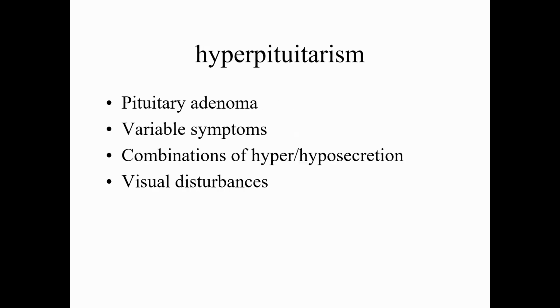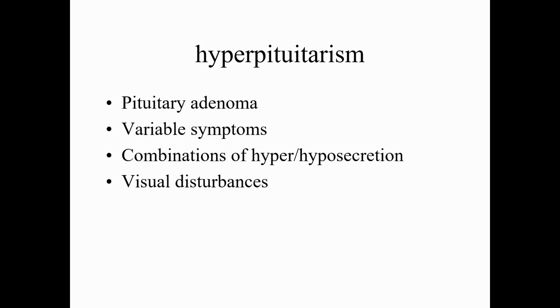Okay, so hyperpituitarism. Typically, what's going on is there's a tumor called an adenoma, and it's in the pituitary. Again, it depends on which cells are affected as to what your symptoms are.